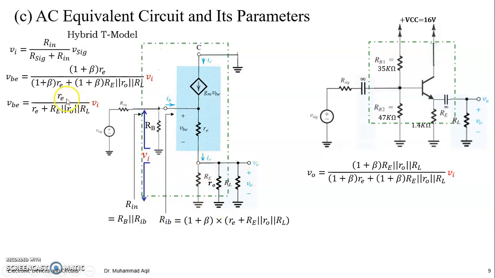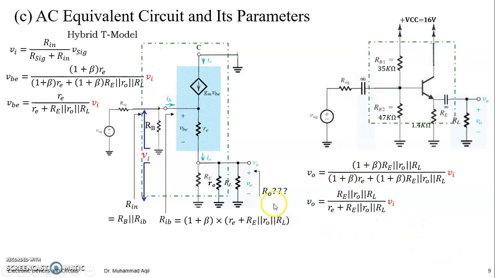So it means RE divided by RE plus this, into Vi, is VBE, and Vout will be these resistances divided by these resistances plus these resistances into Vi, right? Obviously 1 plus beta will be cancelled out here as well because of having a common factor at the numerator and denominator, right?